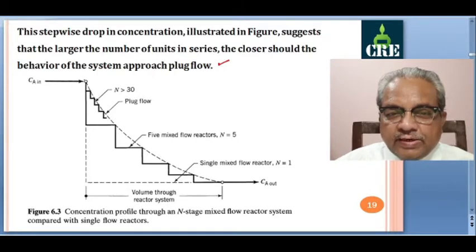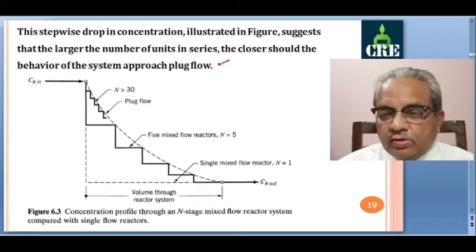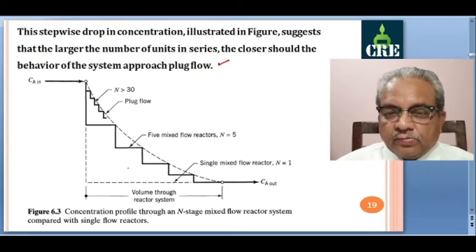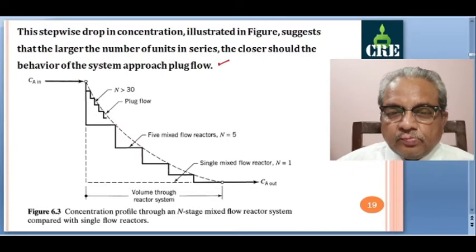This is Ca entering the first reactor, and if only one reactor is there, this is leaving the first reactor. Then you consider 5 reactors, so there will be 5 stages. It is entering the first reactor, and the exit concentration from the first reactor is represented here.